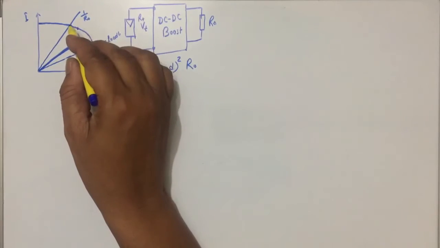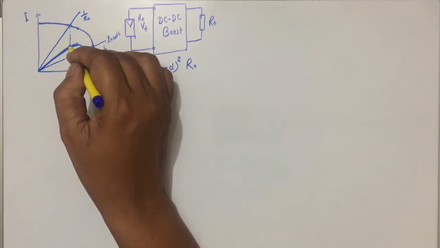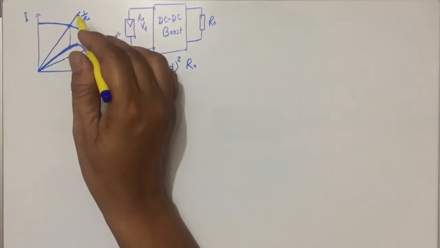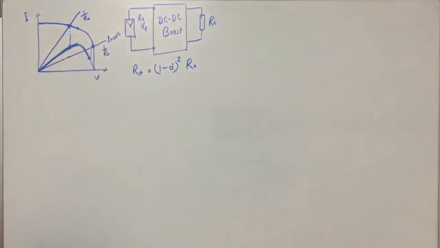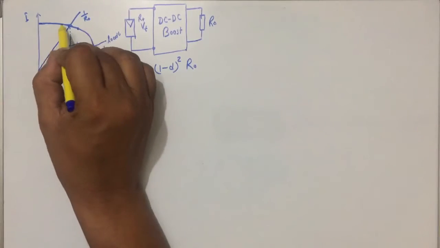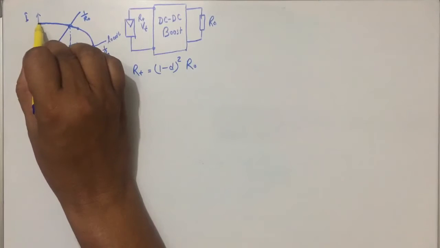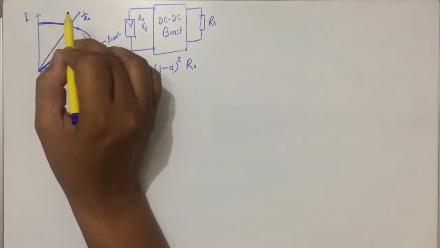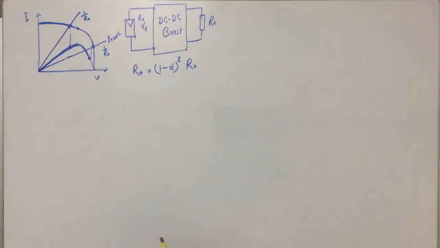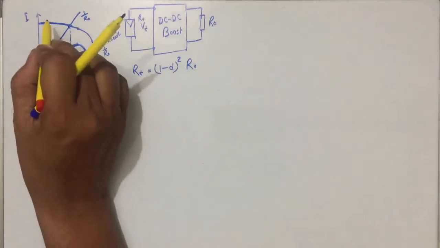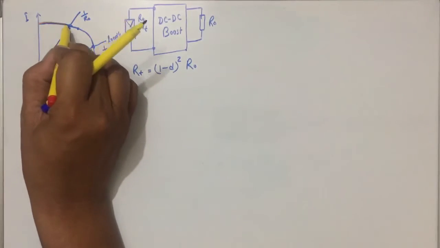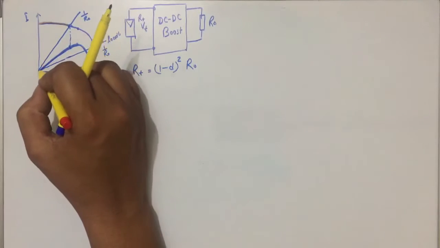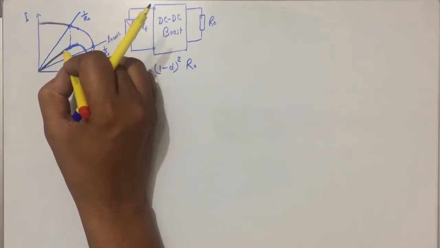So now at this time the operating point is here, corresponding the power that can be obtained is this. So in this way the operating point can be from here to here, and let me change the color. The operating point can be from here to here, corresponding the power can be from here to here.